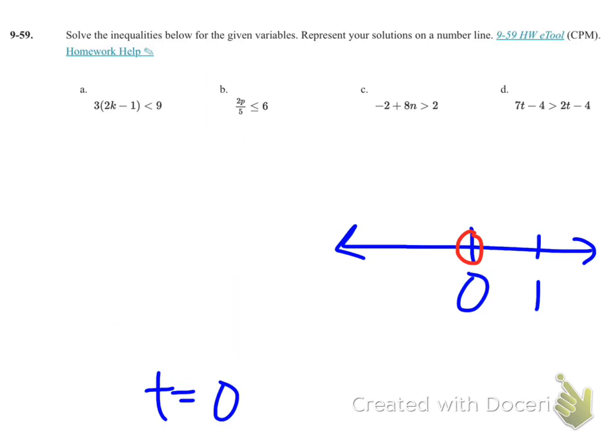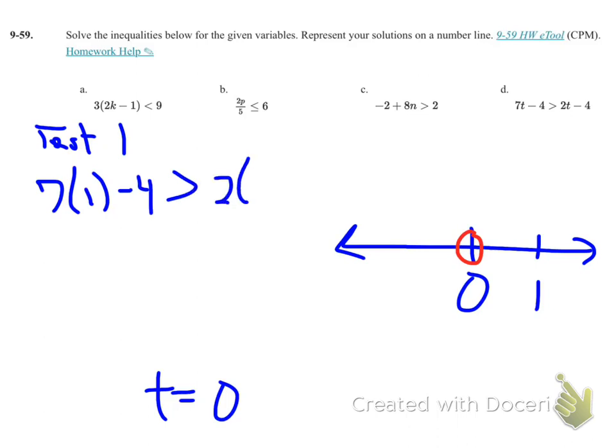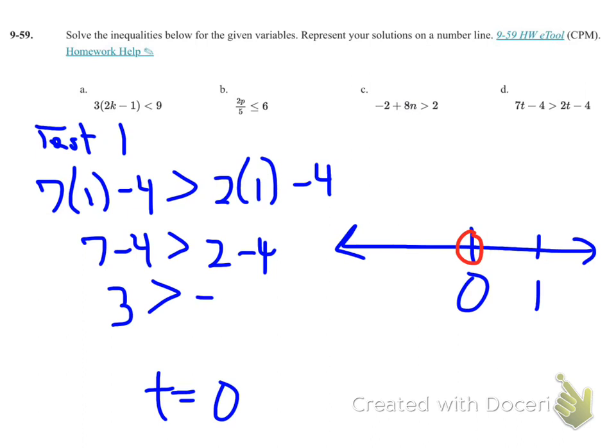So when I put in 1, I have 7 times 1 minus 4. Is that greater than 2 times 1 minus 4? So 7 minus 4 and 2 minus 4 gives me 3 is greater than negative 2. That is true.